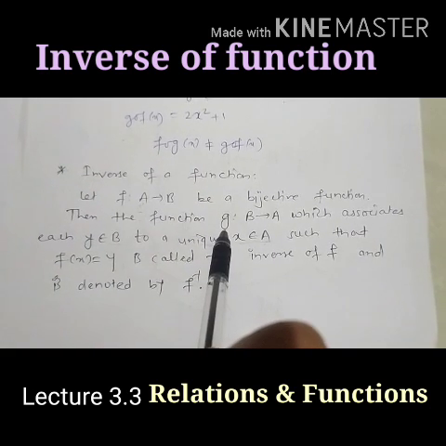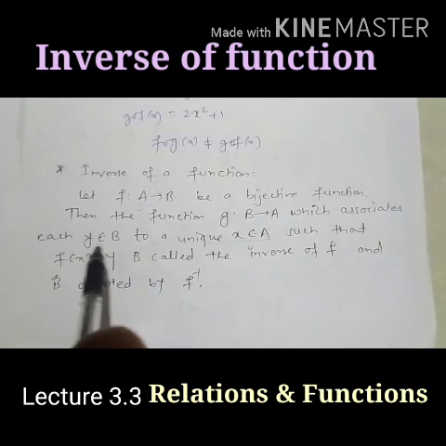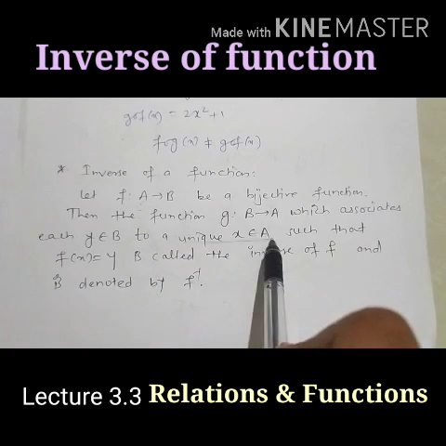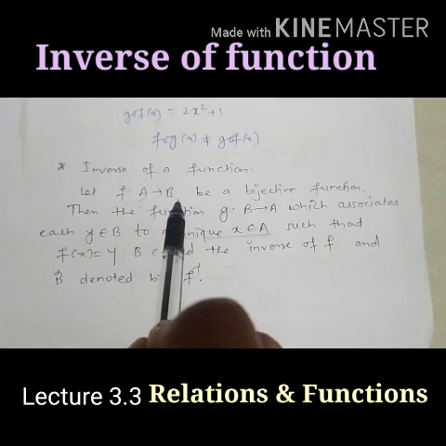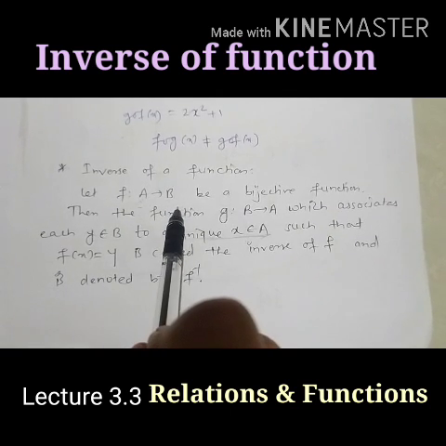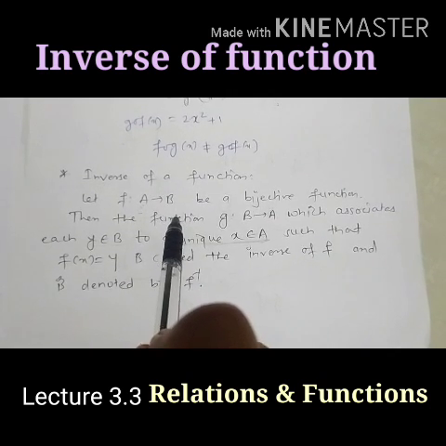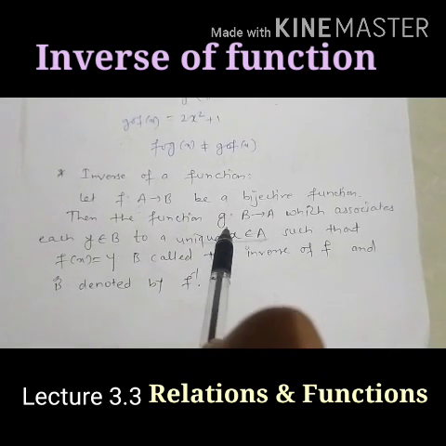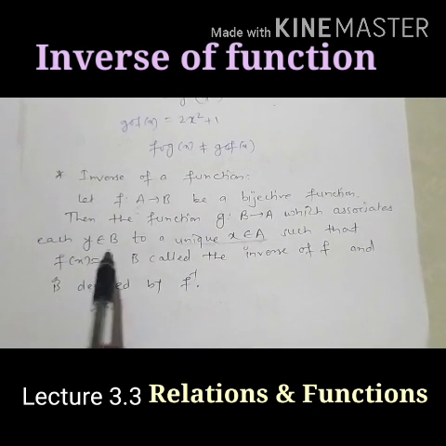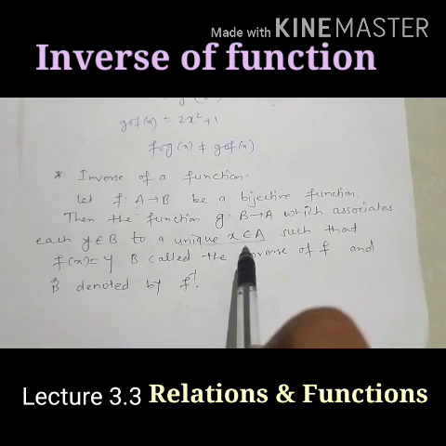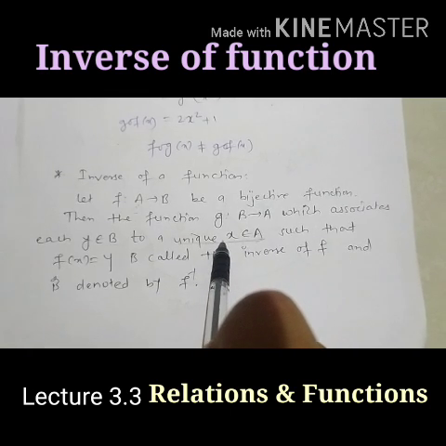But the function which we are defining reversely, B to A, associates each y to a unique x belongs to A. Means elements from the B set are also having only one pre-image when we are defining the function g. Getting? So this g is also a 1-1 function.